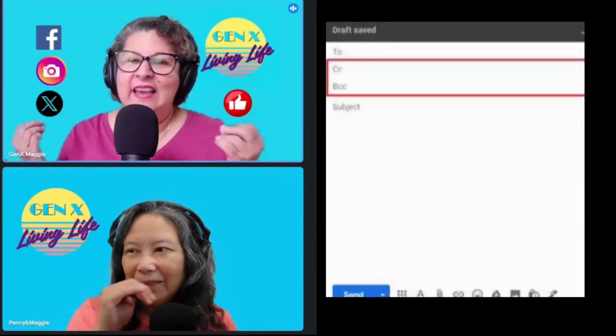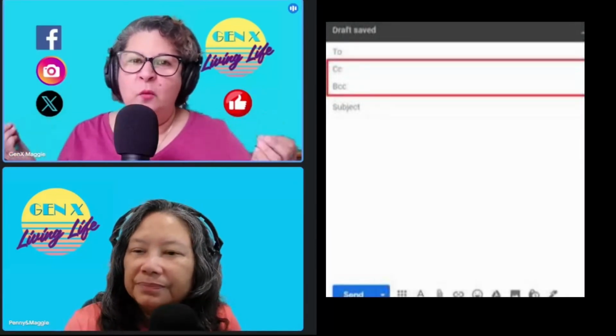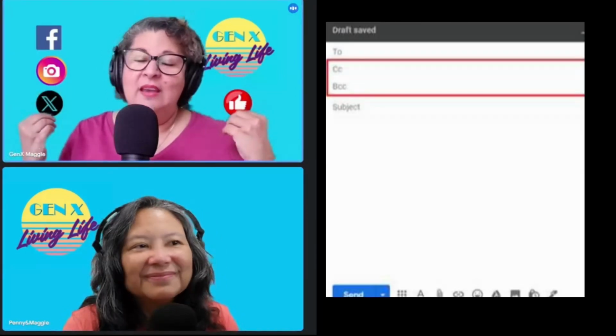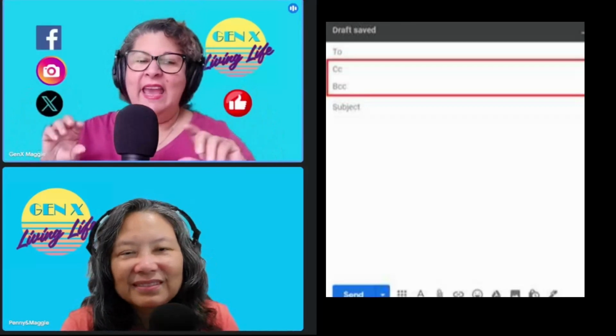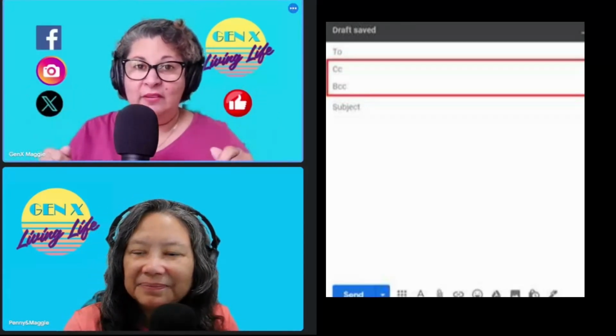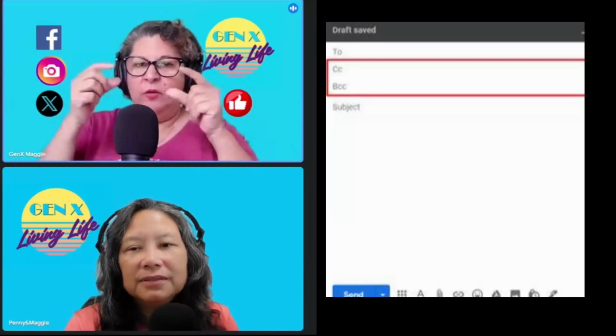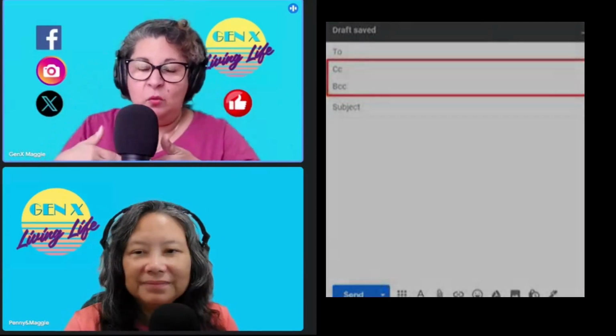If people ever wondered what CC means, it goes way back to carbon copy, because back in the day, everything was typed and people received a copy here and there. These forms had carbon paper in between, and that's where your copies came from. You had to press hard to make sure it all goes through every copy.